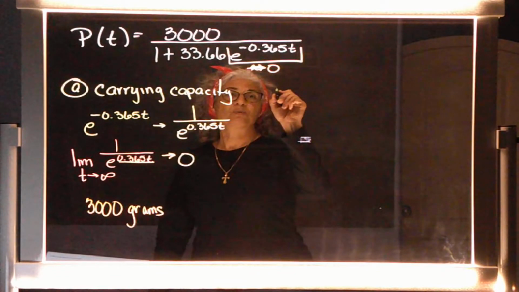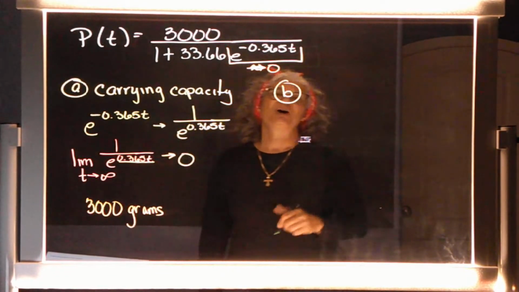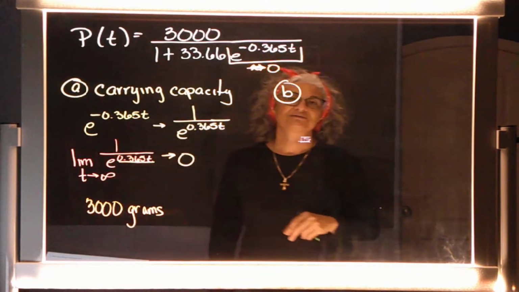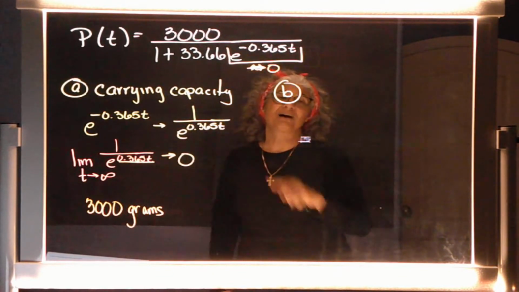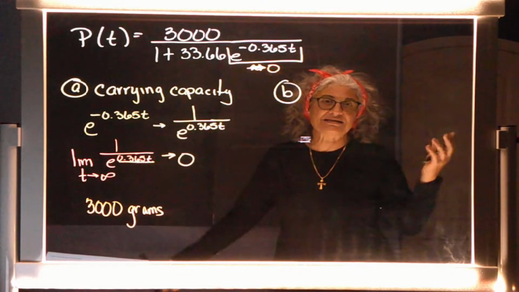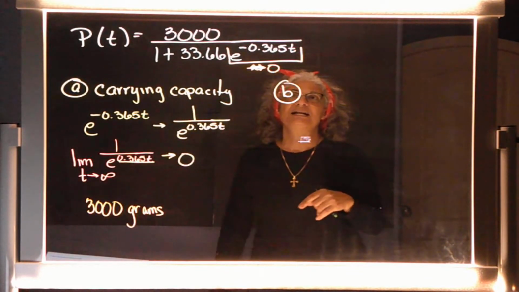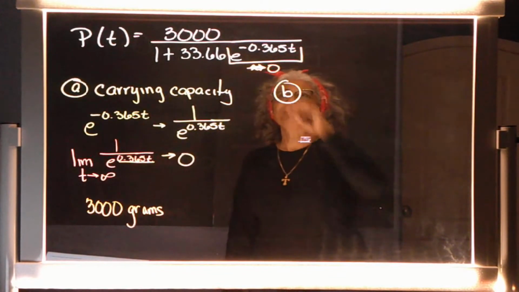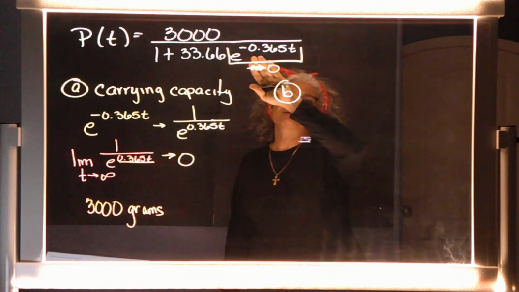Part B wants to know the growth rate. Well, it's a rate, and the rate is right here in the exponent of the e, which makes sense because that's where we find the rate normally. Now you're like, why do they call it a growth rate when it's a negative number? Well, because it's negative, it really doesn't belong here, does it?